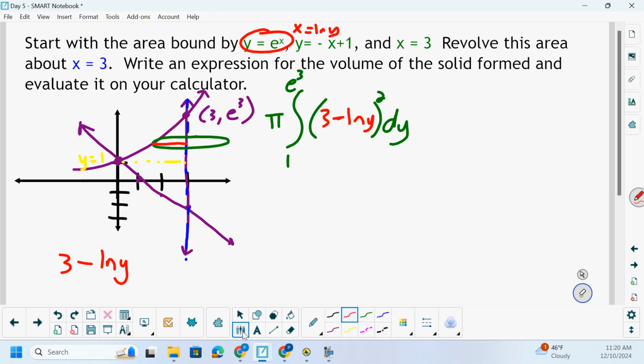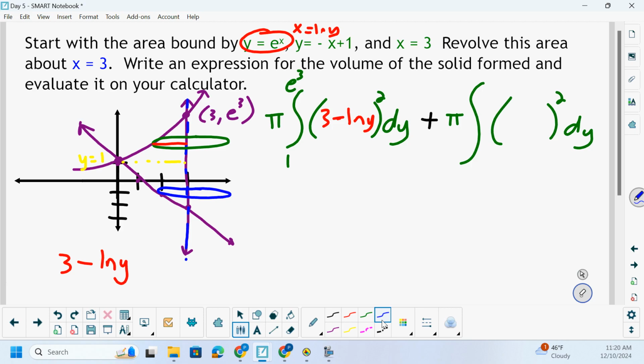So then we're going to add on our volume for the bottom section. It'll again be a disk, so we'll have pi integral something squared dy. Here's an example disk for that region.